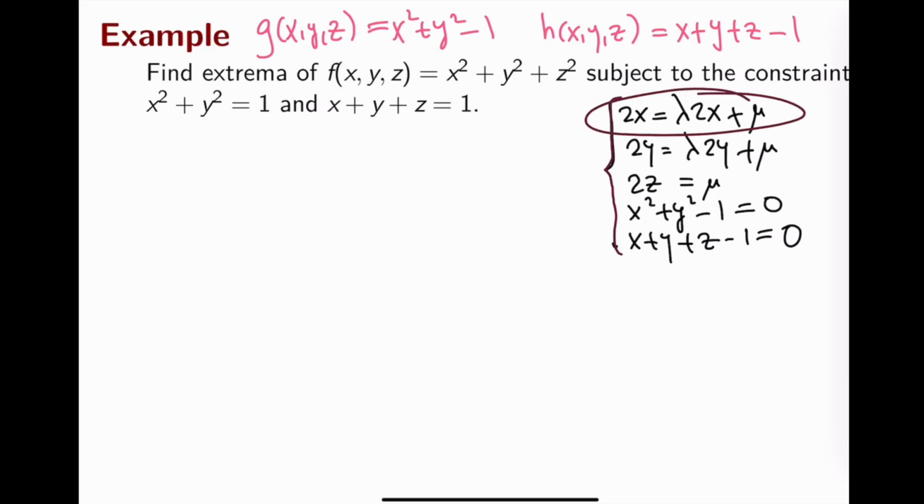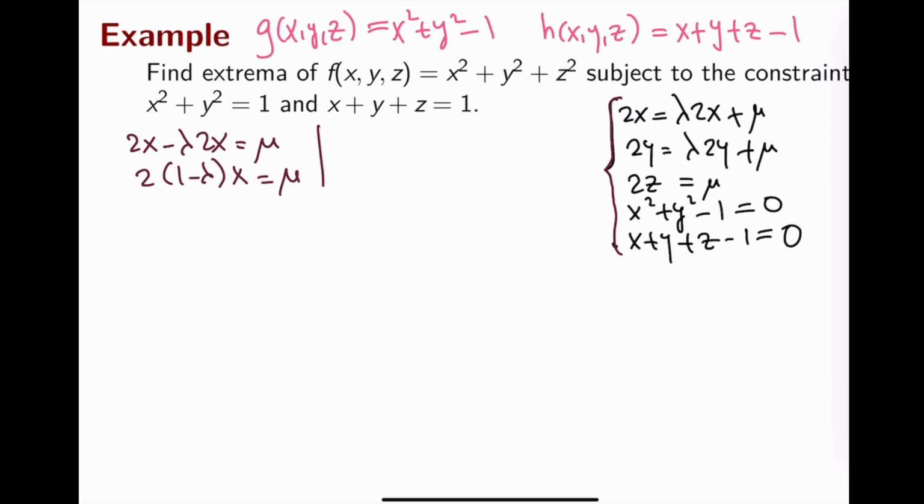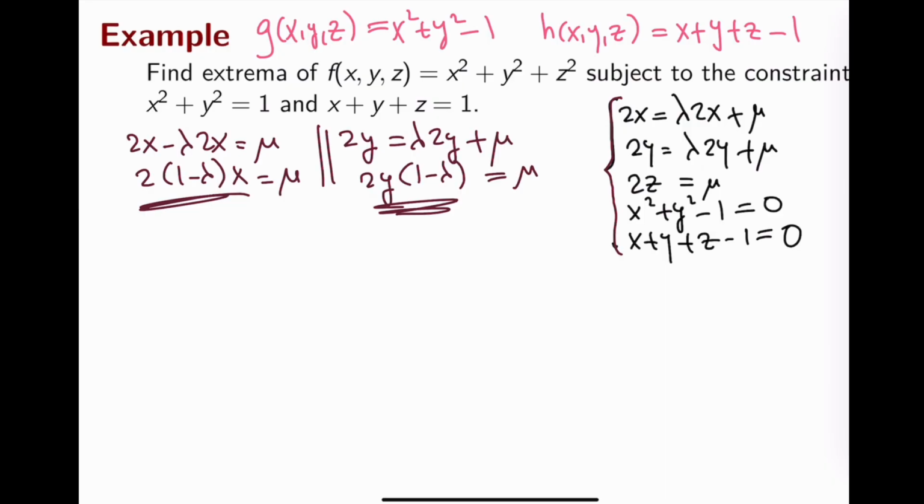From the first equation, we get that 2x minus lambda 2x is equal to mu. And so that means that 2 times 1 minus lambda x is mu. From the second equation, we get similarly that 2y times 1 minus lambda is also mu. So this is equal to this, right?